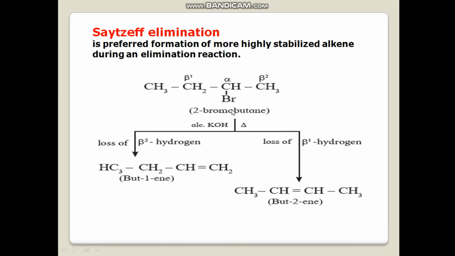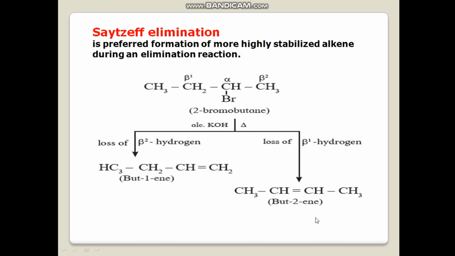It's an elimination reaction. HBr is removed. This is the alpha carbon atom, and these are beta carbon atoms. Br is attached to the alpha carbon atom and this hydrogen is on the beta carbon atom; HBr is removed. Two products are formed.